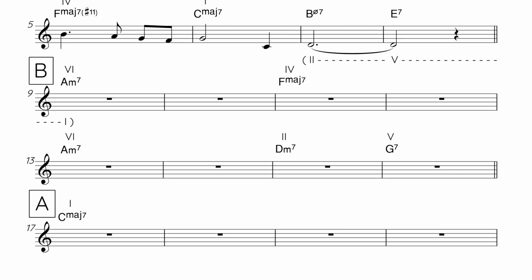There's some additional chords that can be added to the B section, but we're going to look at those at the end of the video. For now, let's take a look at the B section melody.